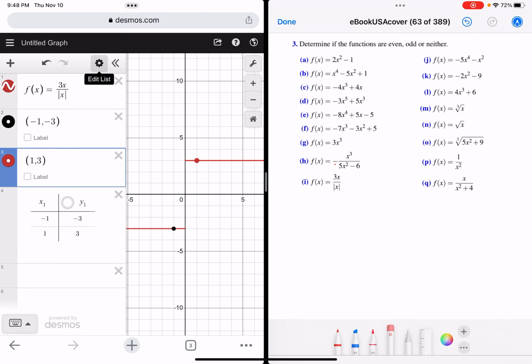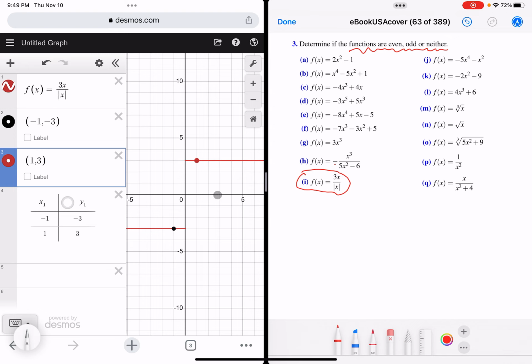Now, let's see how we are going to determine if functions are even, odd, or neither. We like to look at this one. From here, if we put the equation into Desmos, the graph of f of x will be like this.